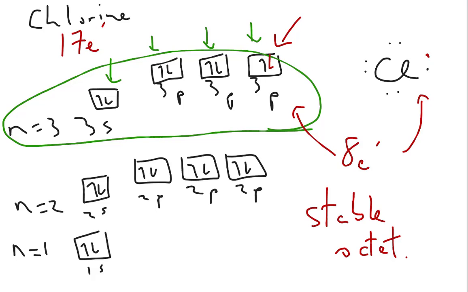Now there is one atom that can't achieve 8 electrons around it, but we still use the term octet, and that would be hydrogen. If we look up hydrogen on the periodic table, it only has 1 proton, therefore 1 electron. If we were to fill in the orbital diagram, there is a 1s with only 1 electron.